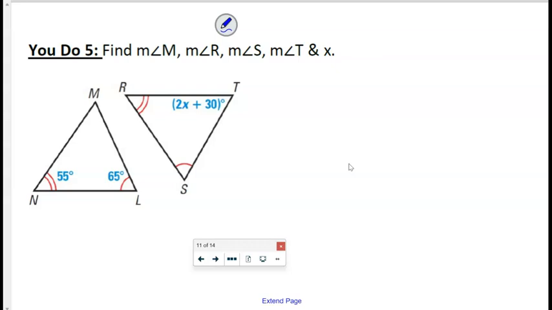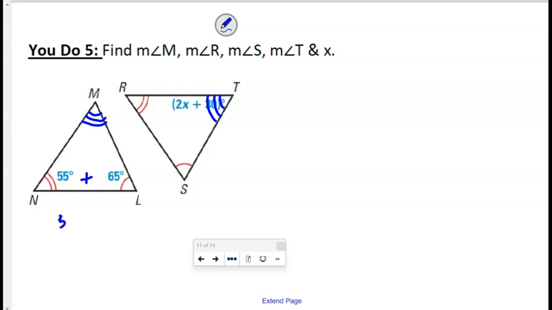Okay, once again, notice that the measure of angle R is going to be congruent to the measure of angle T, right? Okay, so can we find the measure of angle M? Did I say R? I meant to say M. The measure of angle M, what is its measure? Couldn't we add these two together?